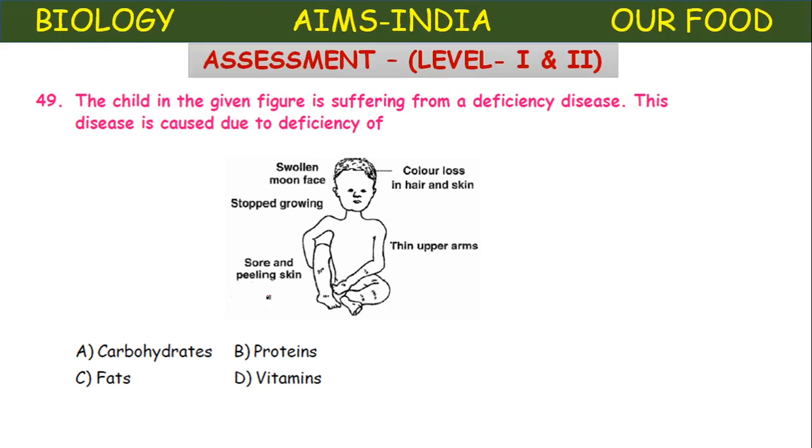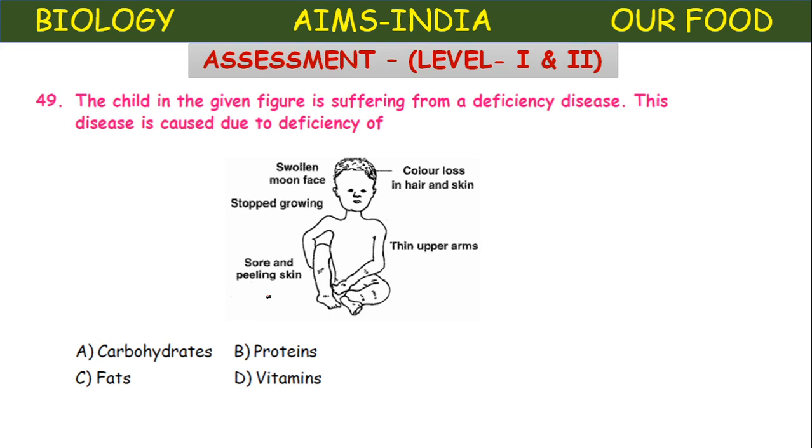The last question. The child in the given figure is suffering from a deficiency disease. This disease is caused due to the deficiency of, observe the figure: swollen moon-like face, color loss in the hair and skin, stopped growing meaning stunted growth, thin upper arms, sore and peeling skin.